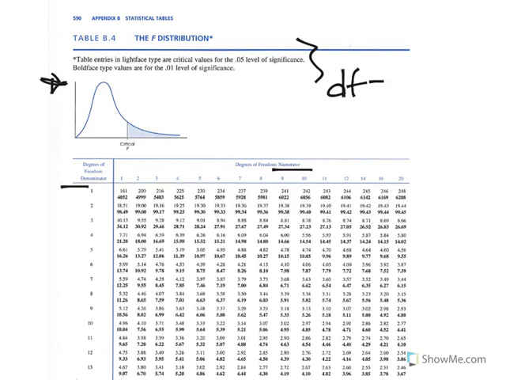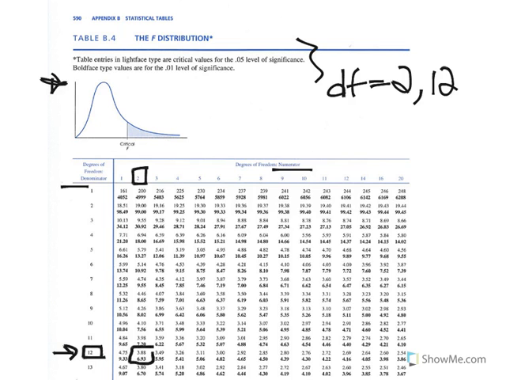So we had noted that our numerator degrees of freedom was equal to 2, and the denominator was equal to 12. So we're going to enter it at 2 here, and enter it here at 12.